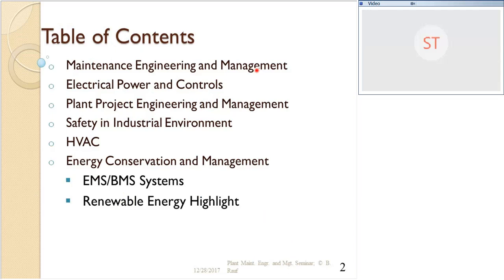And then we will get into disciplines that are innate and vital in the performance of this function, maintenance engineering and management, such as electrical energy, electrical power, electrical controls, electrical safety devices.